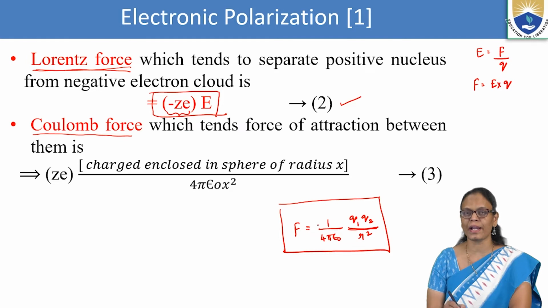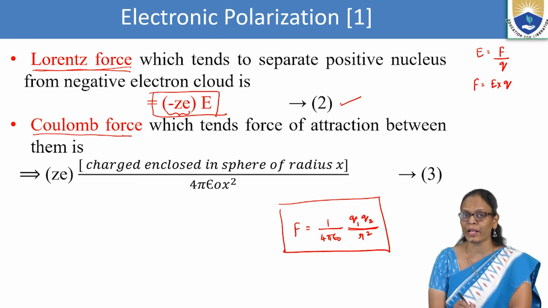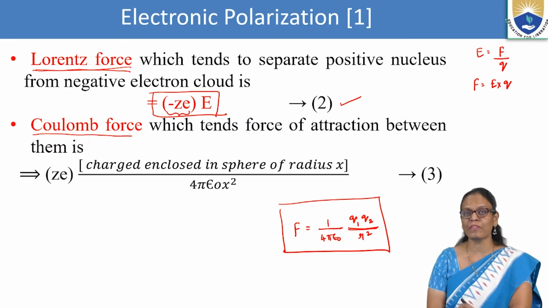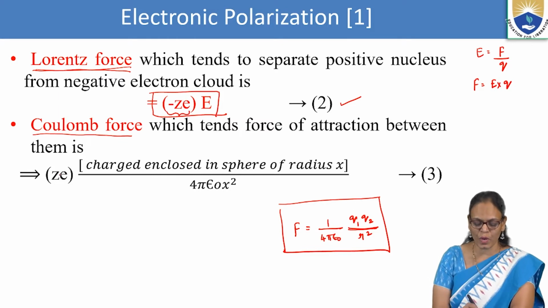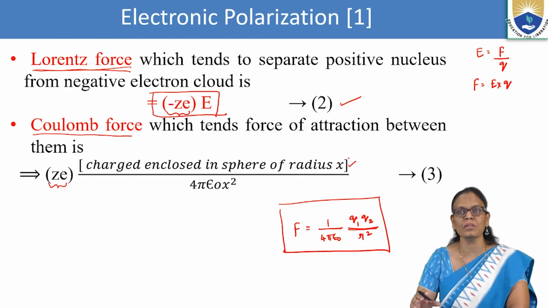So now how do we write the expression here? So now we are writing the Coulomb force between the positively charged nucleus and the electron cloud. What will be the force of attraction between the two? So that will be given by the product of the charges Q1 and Q2. Q1 I have taken as plus Ze due to the nucleus. And then what is the charge enclosed in the sphere of radius x? We have considered an electron cloud of radius x here.